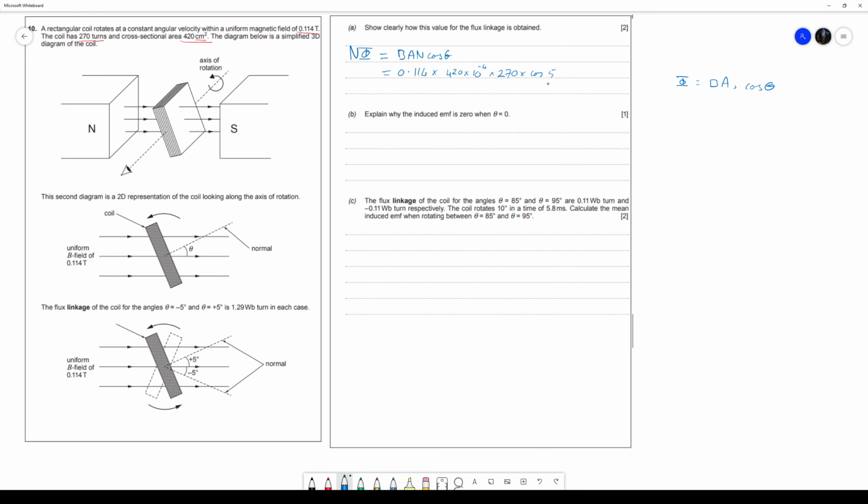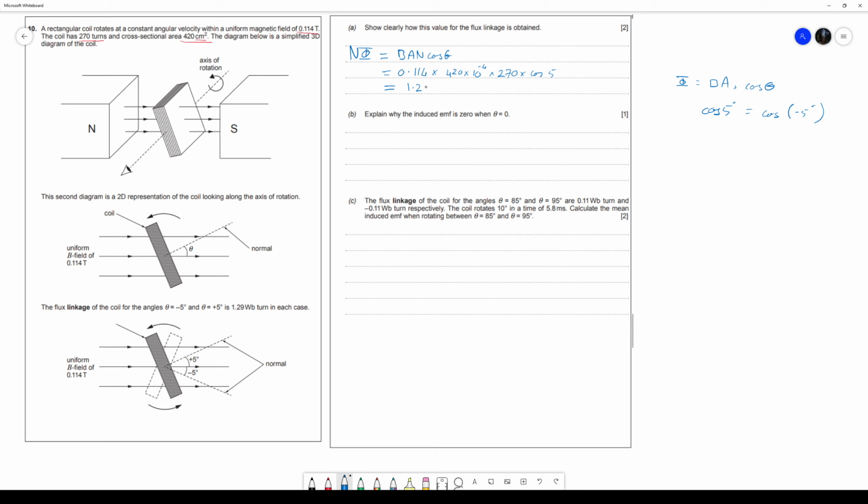It's worth remembering, I don't need to tell you guys this, you're all mathematicians, cosine of 5 degrees is equal to the cosine of -5 degrees, isn't it? That's a true fact. So that is equal to a number, and I'm really hoping it's 1.29 Webers. I just wish I had a calculator.